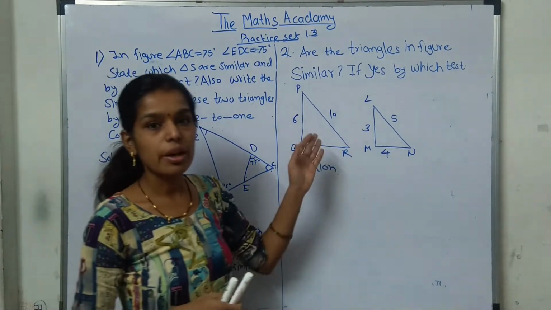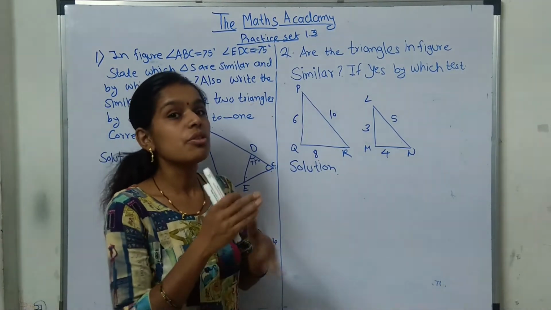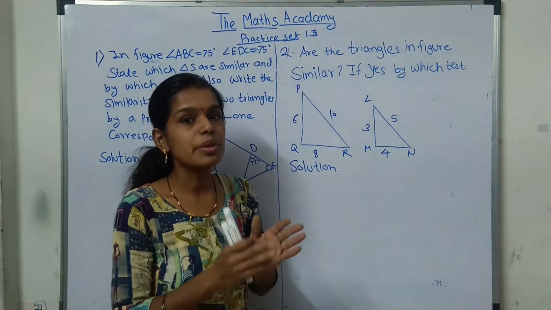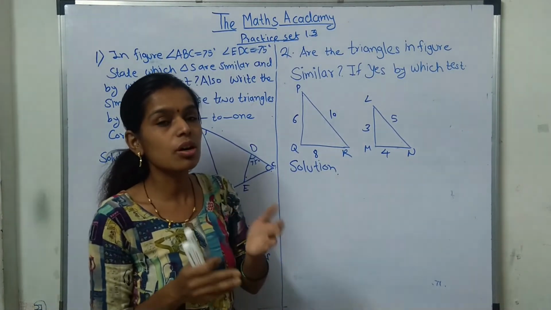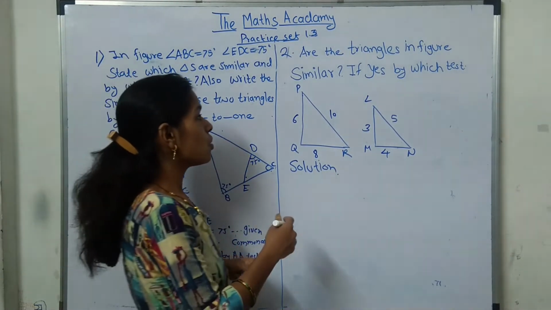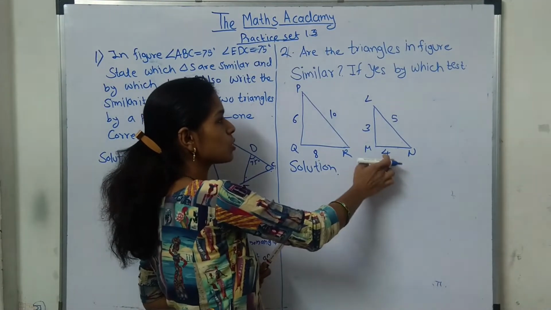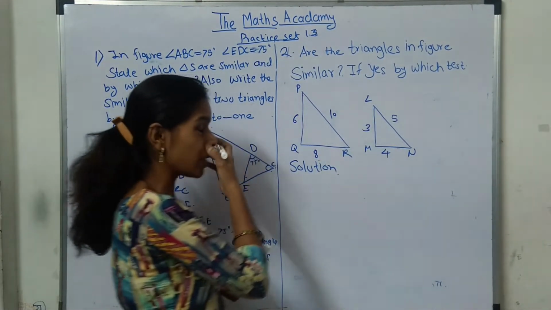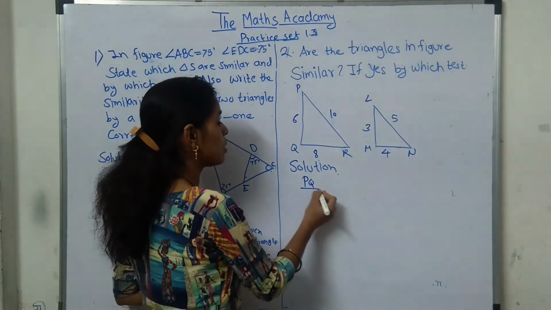First of all, we are not given any congruent angles here. We are given the sides. So we will check whether the ratios of their sides are proportional or not. The corresponding sides here are PQ corresponds to LM, QR corresponds to MN, PR corresponds to LN. So let's find the ratio of PQ upon LM.